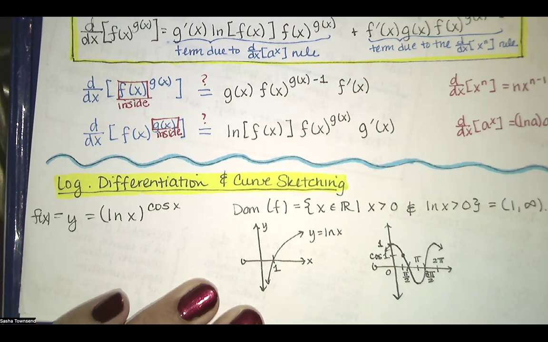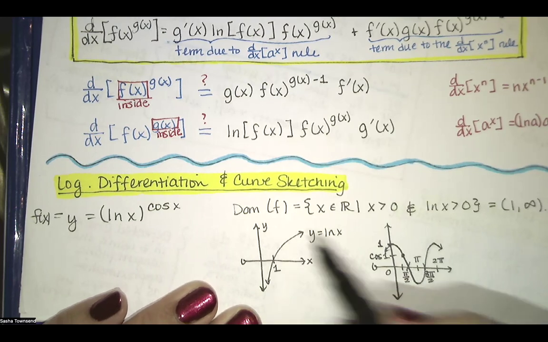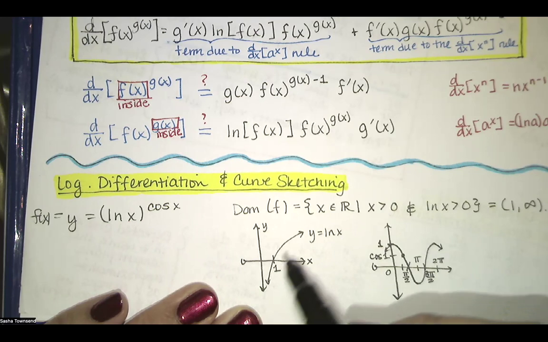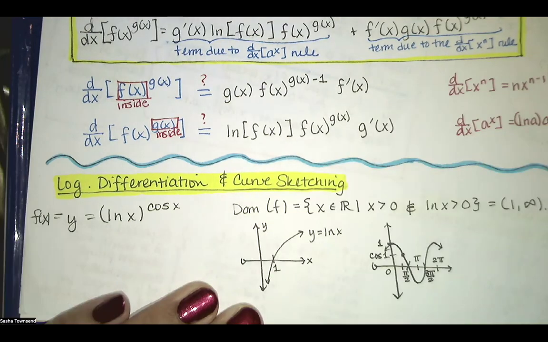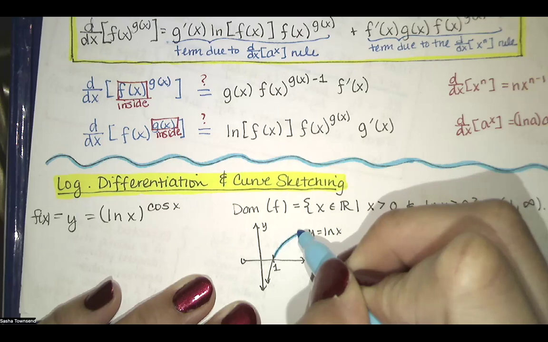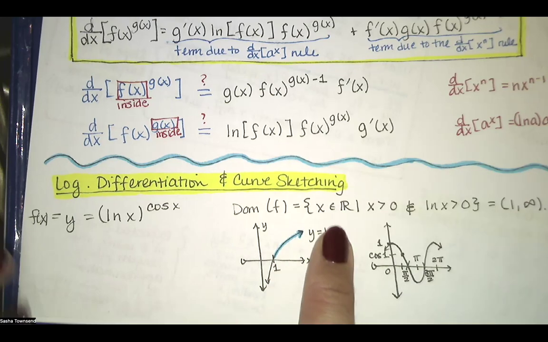So, okay, we've thought about it. This is the correct restriction. The domain of f requires that x be positive and natural log of x be positive. Our function looks like this. We're just interested in the x values that correspond to the positive y values, which are 1 to infinity. And that's our domain.